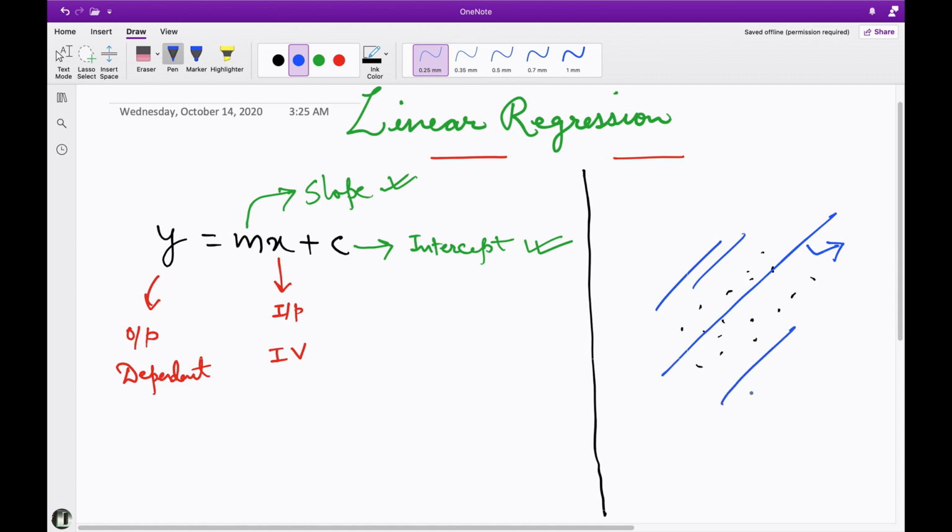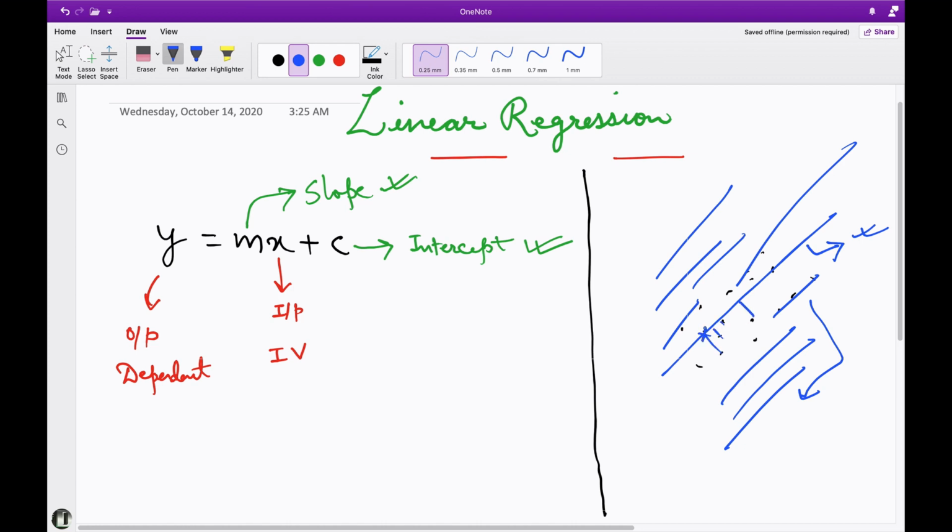We could have any number of lines, but these lines will not represent the data as well as this line is representing over here. So that's the difference. So this will be the baseline. And how do we know this is the baseline and has minimum error? We will take the average of the error between this predicted point and this actual point. We will discuss this, don't worry.